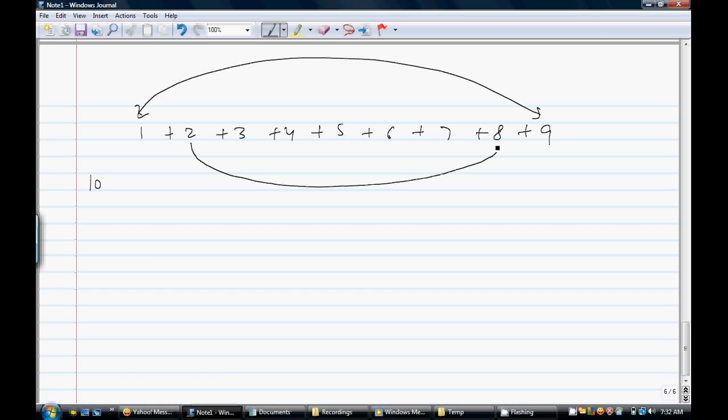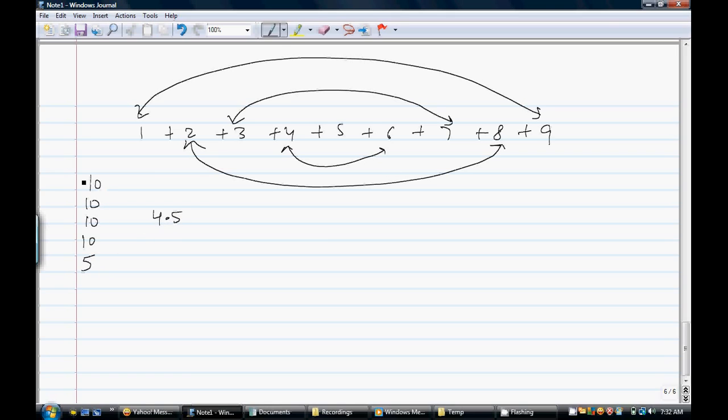Then 2 and 8 again add up to be 10, and 3 and 7 is again 10, and then 4 and 6 is again 10, and I'm left with 5, so that is 5. So if you add all this up, it will be 45.